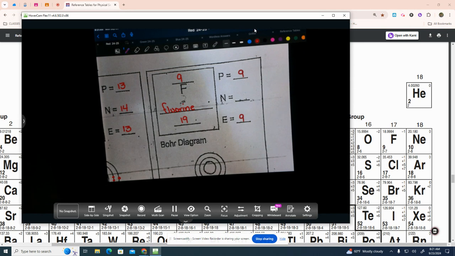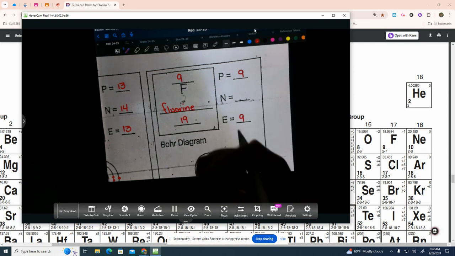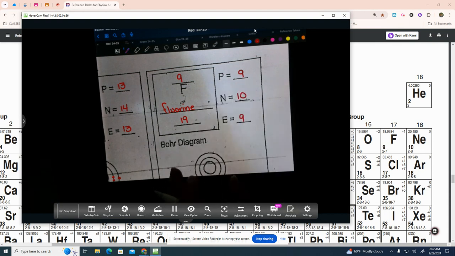I've been doing it for a week, so do you know which one the mass number is? 19 is the mass number. That's the number of protons plus neutrons. Okay? Now, if I take 19 and I subtract 9, what do I get? 10. So that's the number of neutrons.